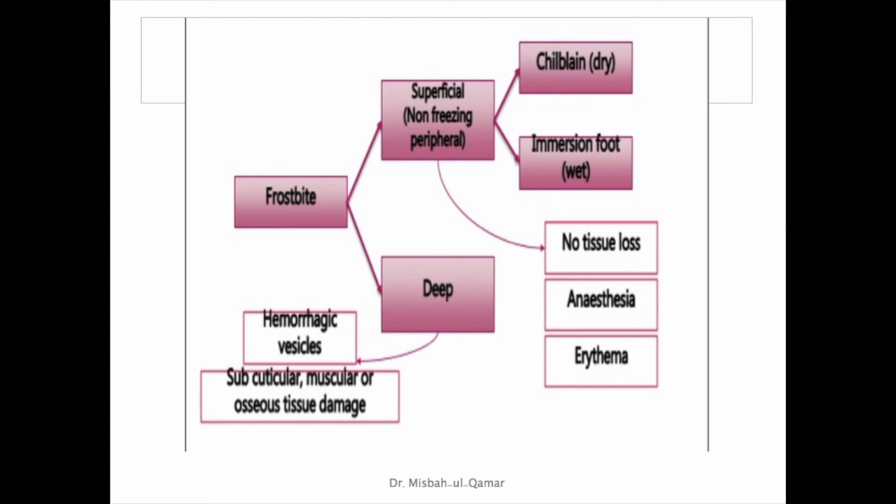In first degree frostbite, there is only a slight irritation of skin, while in second degree, blisters appear in the skin, but there is no major damage. But in third degree frostbite, this involves all the layers of skin and it causes permanent tissue damage.